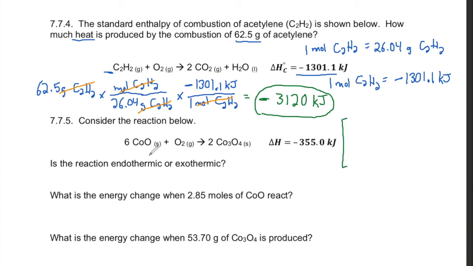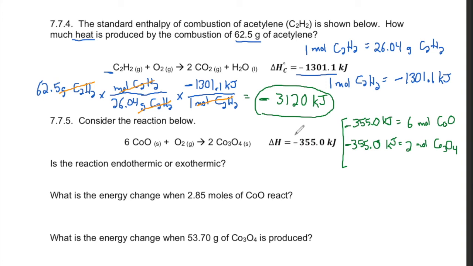So that's how much heat is released by burning 62.5 grams of acetylene. All right, let's write some relationships that we're going to use for this reaction. So this energy change of negative 355.0 kilojoules is associated with 6 moles of cobalt-2 oxide, and it's also associated with the production of 2 moles of Co3O4.